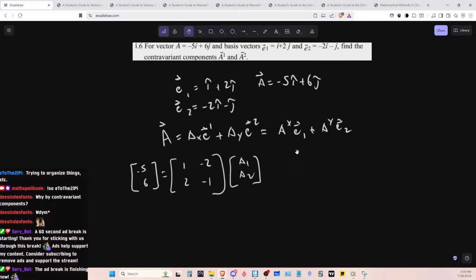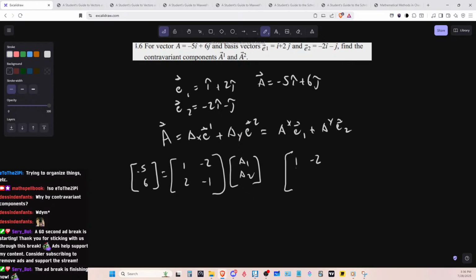Alright, so I think in linear algebra you would do the approach that I did before. Just do it like this to get the inverse on this side.